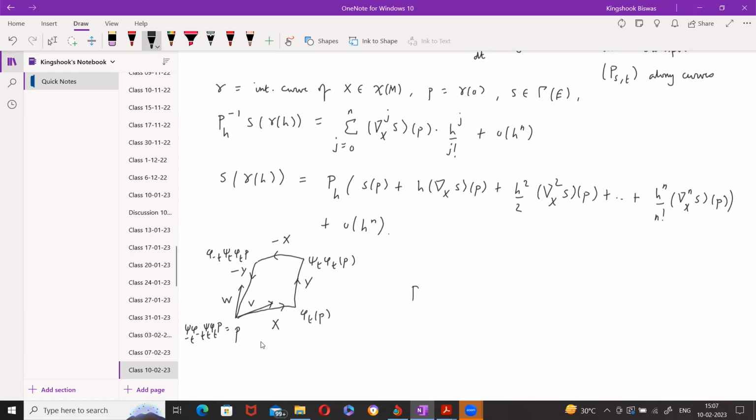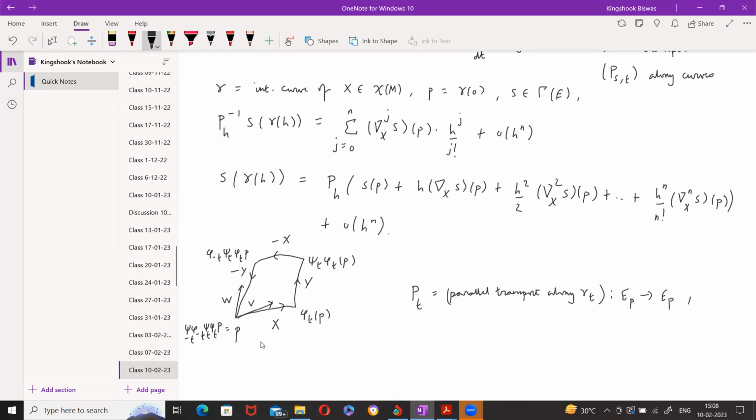And then capital PT, this is parallel transport along this curve gamma T. So this goes from EP to EP.